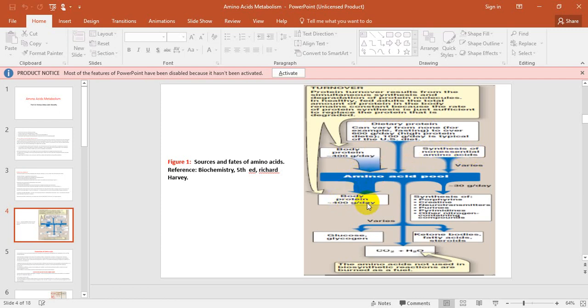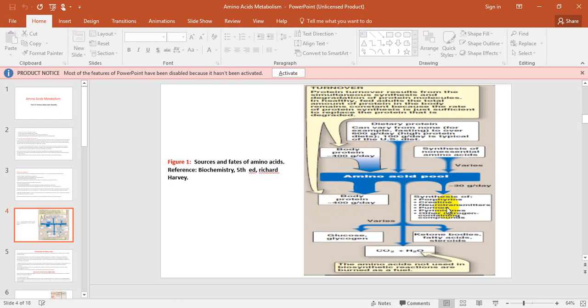There are also sources that deplete the amino acid pool. The first one is synthesis of body protein, about 400 grams per day. So the amount of protein synthesis and protein degradation is equal. This is called protein turnover, which means the amount of protein degradation is equal to the amount of protein synthesis.